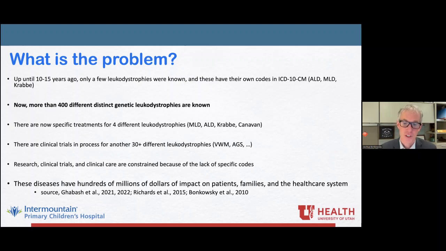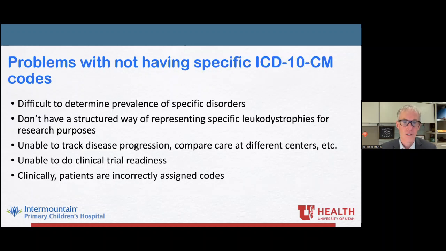And so having a specific code really lets you look at what's going on. Without a specific code, there's no way to look into a medical system and understand how many people have this disorder. We can't track what's happening over time or through a healthcare system or for a patient with a disease. We can't understand how the care at one center compares to a different center.